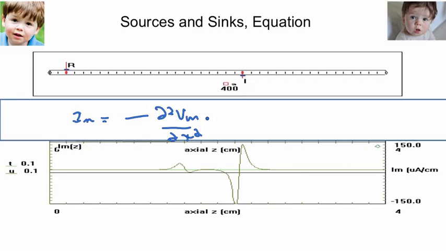We can get d squared Vm dx squared from the change in slope and the manual procedure that we've just done. And when we do that, we can identify the points along the fiber in terms of whether they're sources and sinks. In this particular case, going back to the fiber diagram, we're going to find there's a source right about there and a sink right about there.